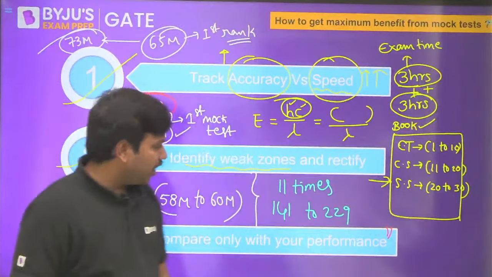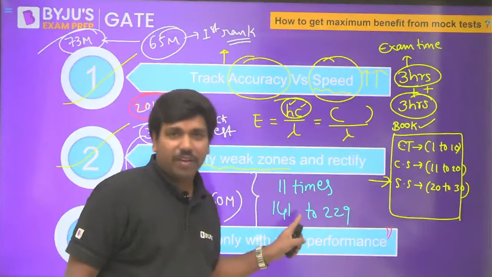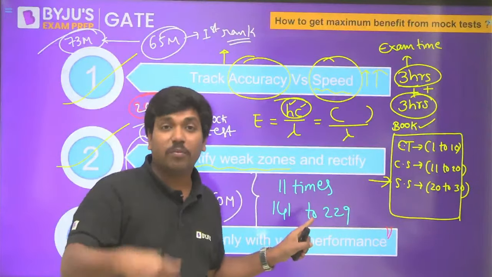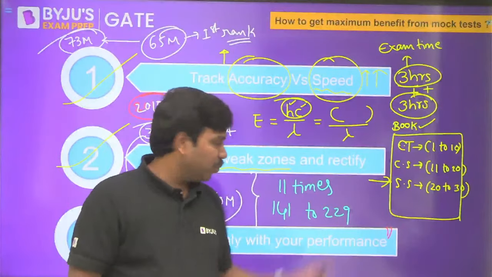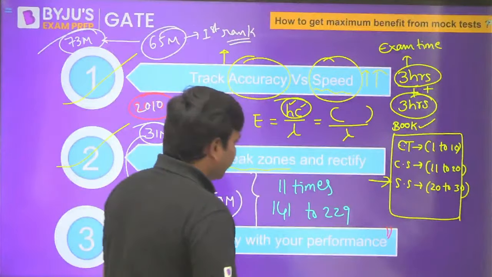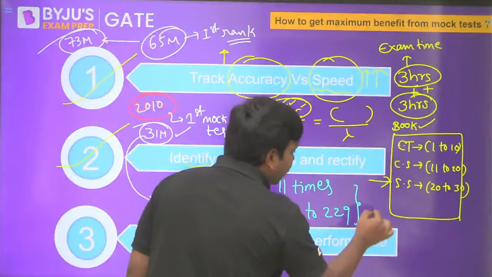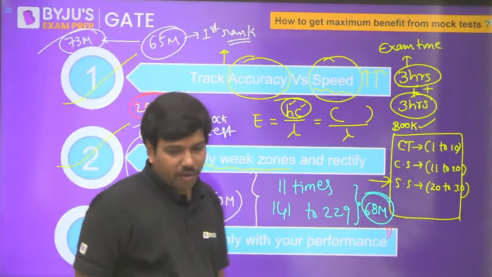Clear? And luckily every time I am placing in between that. Sometimes 144 and sometimes 168, 189, 207, 213, 229, like that. So this is the story, and I remember the highest marks I got in the exam is 68 in one particular year. Clear?